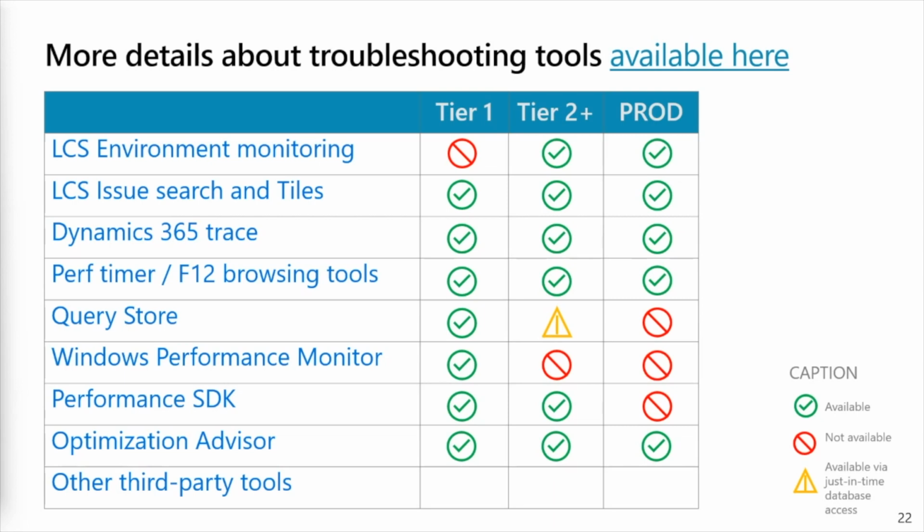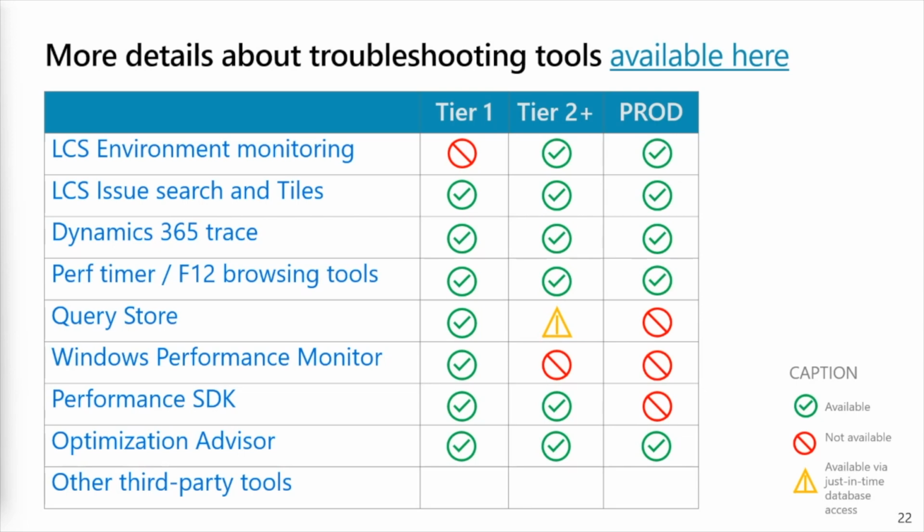The query store requires SQL database access, which is not available for production environments, but you can use it with the just-in-time database access requests to access the database and query store for Tier 2 Plus environments. And this is very handy to analyze the SQL details like execution plans.